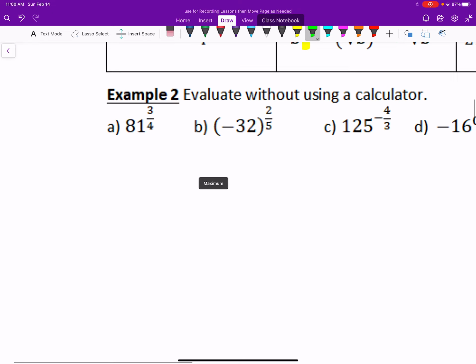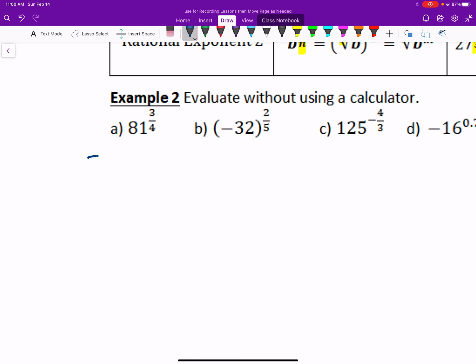So again, some examples. So I'm going to take the fourth root of 81. And then I'm going to raise it to the exponent 3. Fourth root of 81 just happens to be 3. So 3 to the 3 is then going to be 27.